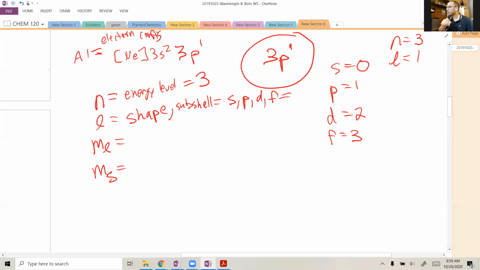Now, M sub L, this is an orientation. And what that means is that the actual subshells have many different options. So when we look at P, how many electrons can a P subshell fit?